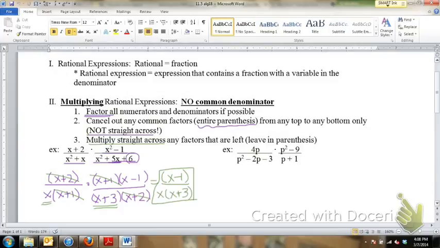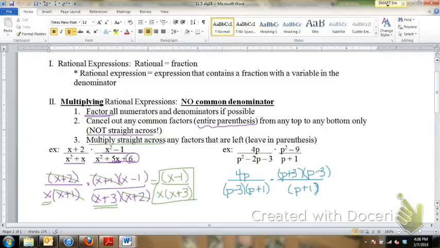4p in the top, I can't do anything with that, so I'm going to leave it as 4p. The denominator, I can factor p minus 3 and p plus 1. P squared minus 9 is the difference of 2 squares, so p plus 3, p minus 3, and p plus 1 I can't do anything with, but I will put them in parentheses.